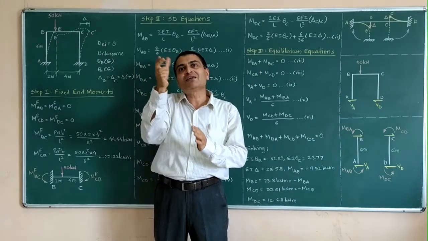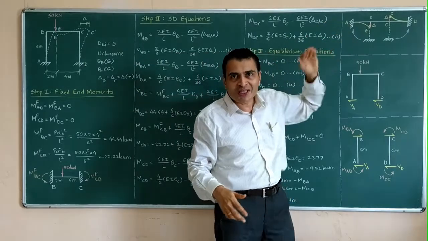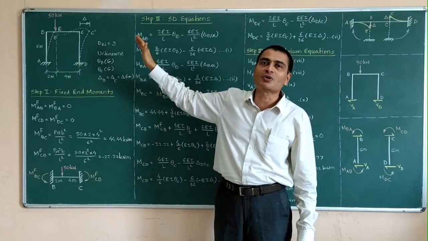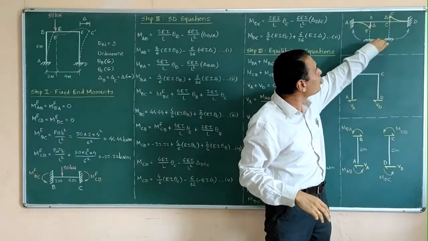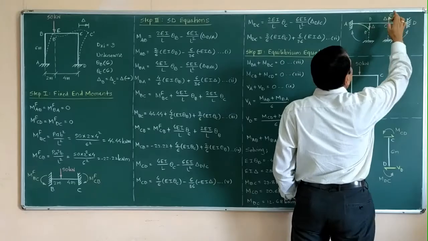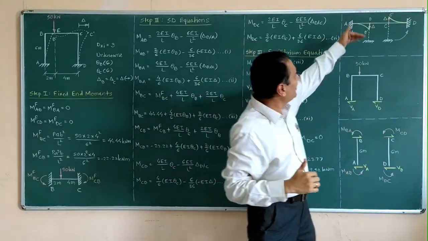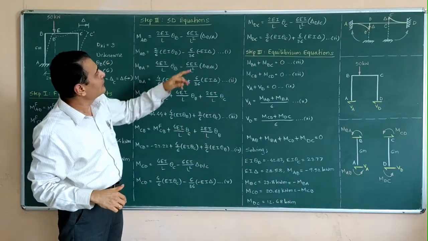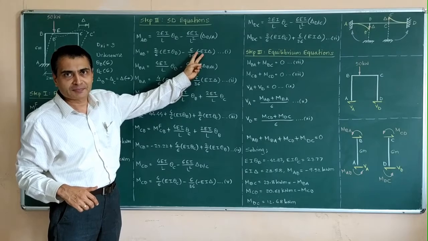When I rotate it clockwise, B will go downwards. On the other hand, C is also going rightwards. When I rotate it anticlockwise, it is going to go upwards. Now when I express delta B relative to A, it is downwards. So I am substituting negative delta into EI.